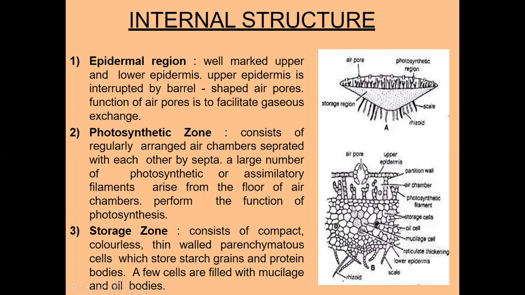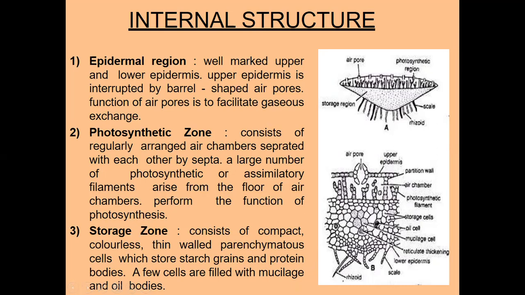This region also consists of parenchymatous cells. They are very thin walled and very closely arranged with one another without any intercellular spaces. I am calling it a storage zone because these parenchymatous cells help in storing the excess food material, the proteins or the starch granules.